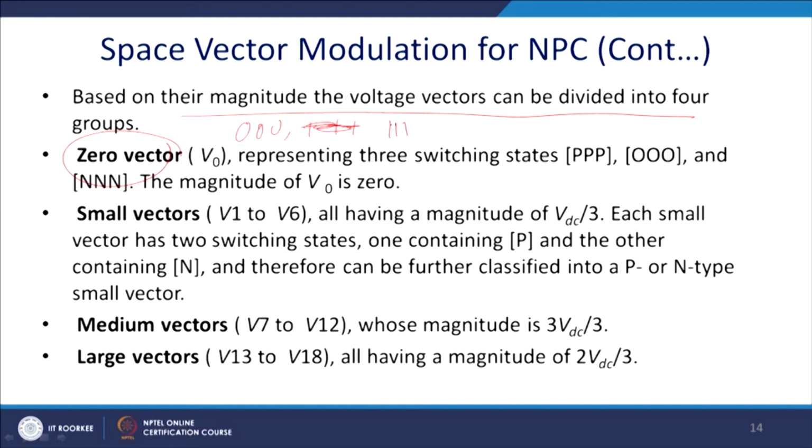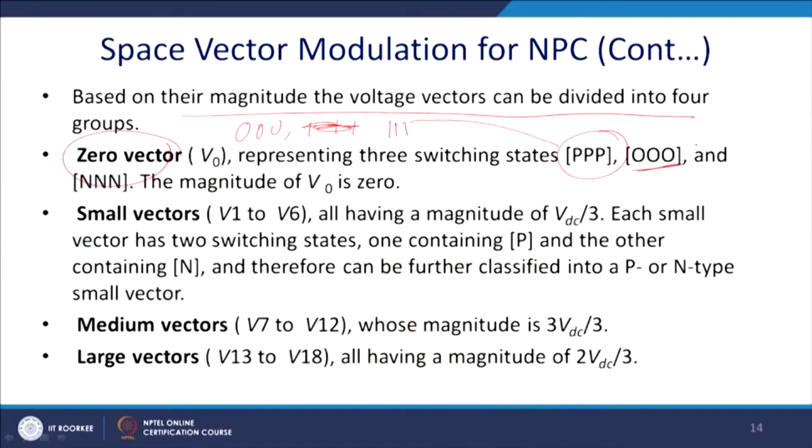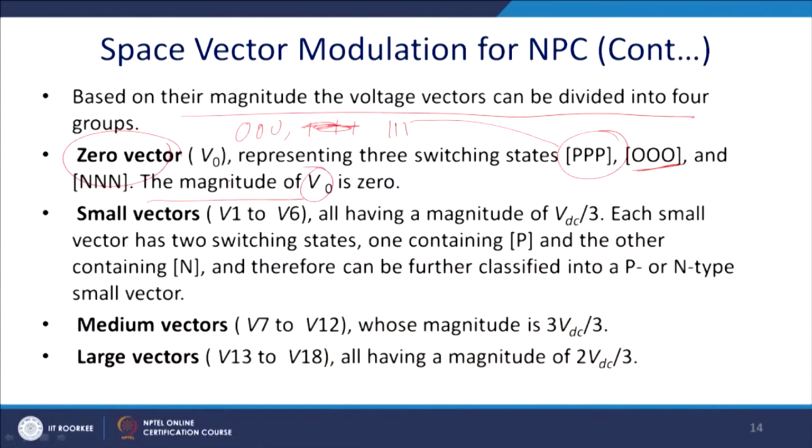So, the zero vector will be the switching state PPP, that corresponds to 1 1 1, but here there is another extra thing that was not present in the 2-level inverter, that is OOO, and also NNN, where all the lower switches are closed, and the magnitude of the output voltage is going to be 0 then.